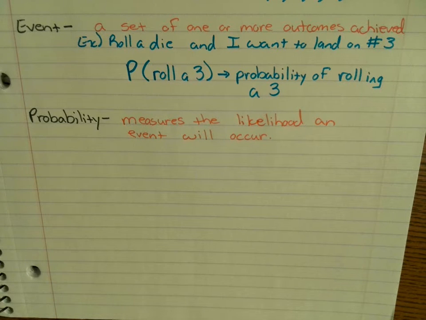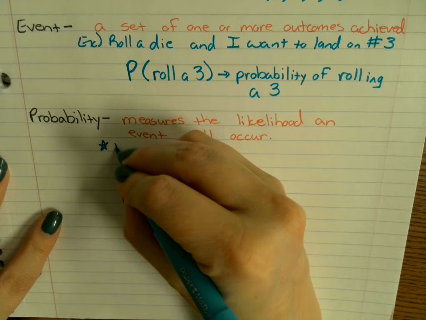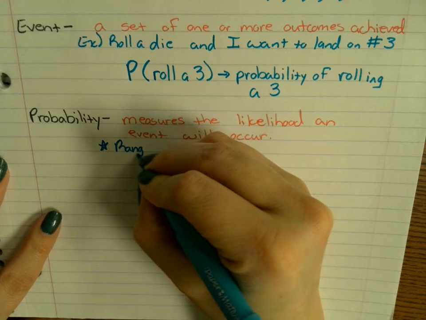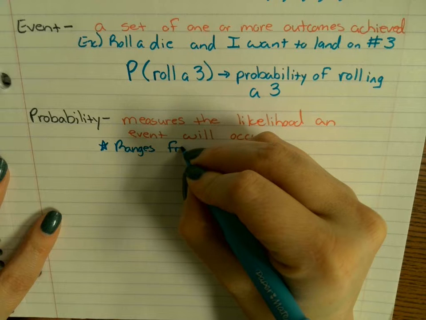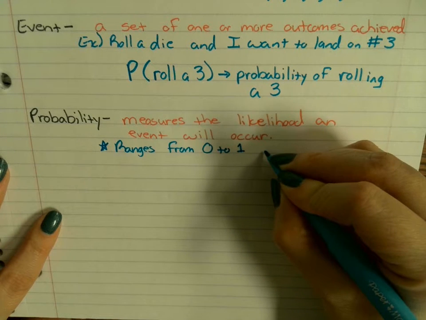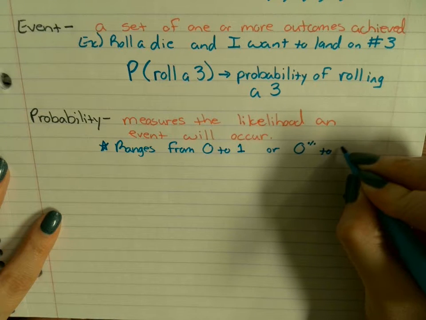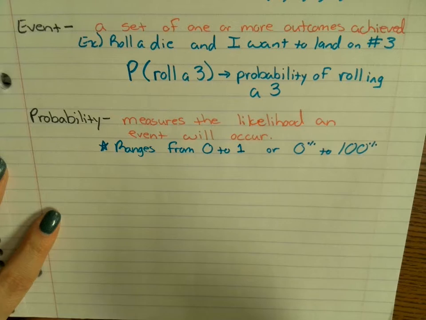It's not an infinite thing that goes on forever. It has a starting point at 0 and an ending point at 1, because probability has a range, and that's something you need to understand too. It ranges from 0 to 1, or 0% to 100%. That is the range of probability.